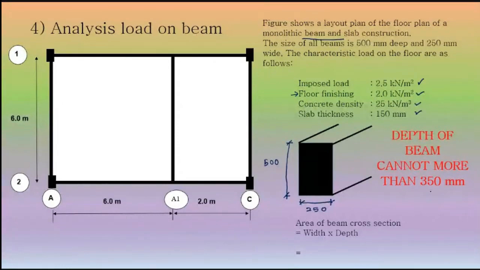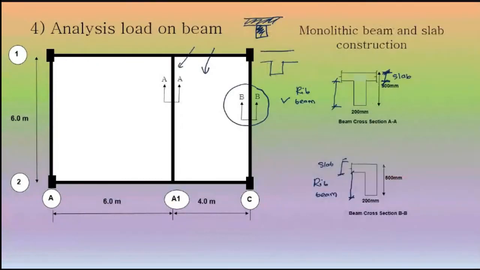Okay, macam ni tadi. 500 ni adalah tinggi keseluruhan. Okay, so bila kata calculate self weight beam, actually kita nak weight of rib beam. Rib beam sahaja. So kalau kata lebih pada 350, macam mana kita nak dapatkan tinggi rib beam yang sebenar guys?